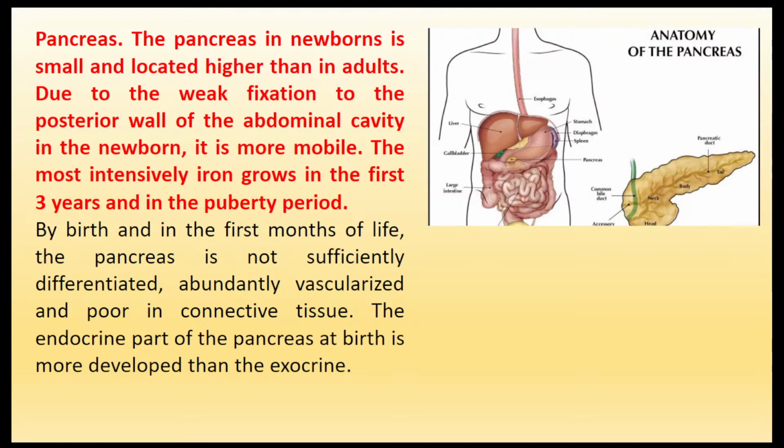At birth and in the first months of life, the pancreas is not sufficiently differentiated, abundantly vascularized, and poor in connective tissue. The endocrine part of the pancreas at birth is more developed than the exocrine.